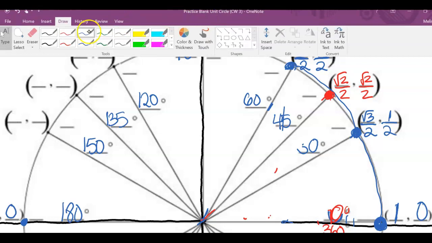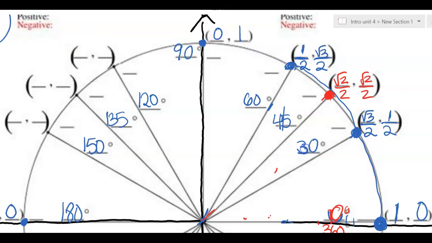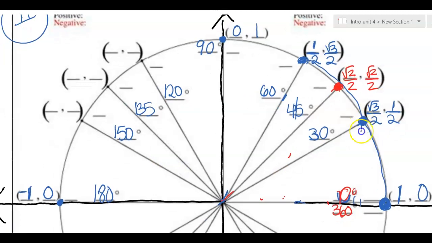I'll do one with you. I'll work on 150 with you. So remember how I drew these little triangles in here? Here's the triangle at the 30-degree angle. If I take that triangle and I flip it over, that triangle will fit perfectly right here at the 150-degree angle marker.